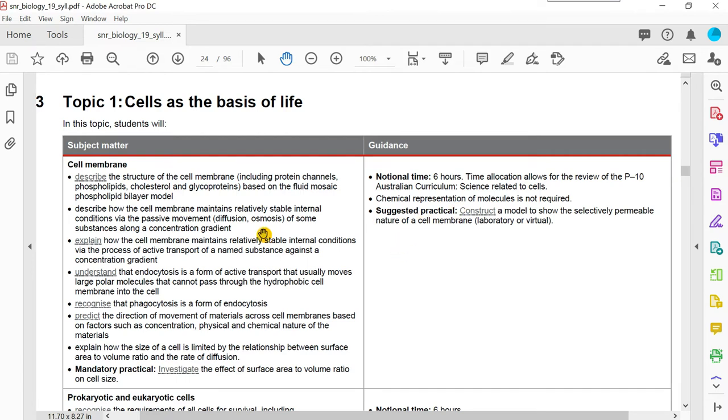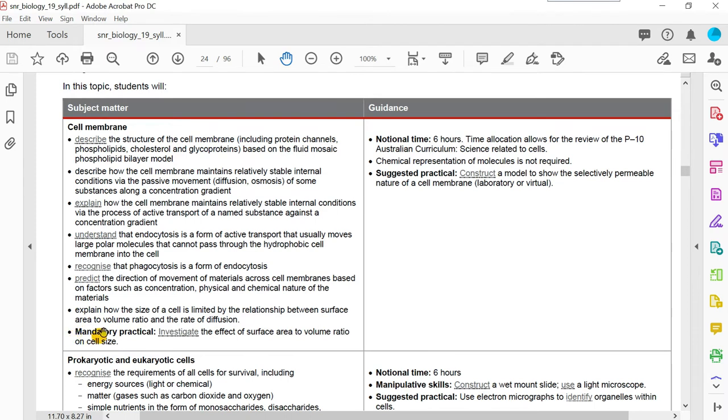The next, in these sections, there's a couple of things to point out. First of all, down the bottom here, you'll see sometimes it will say mandatory prac. Grade 11 has a lot more mandatory practicals than grade 12. But these are ones that we must do, and part of that is because our assessment is based on a lot of the mandatory pracs in senior, for year 11 and 12 as well.